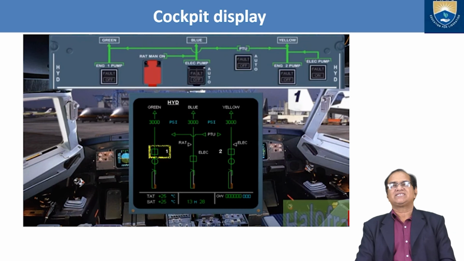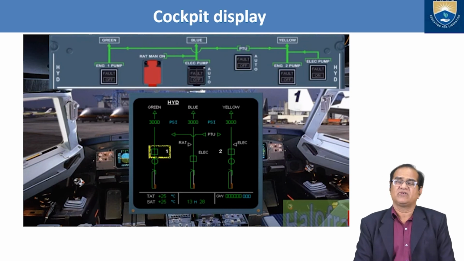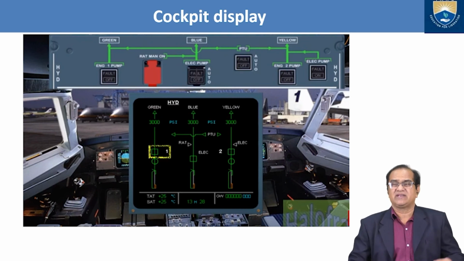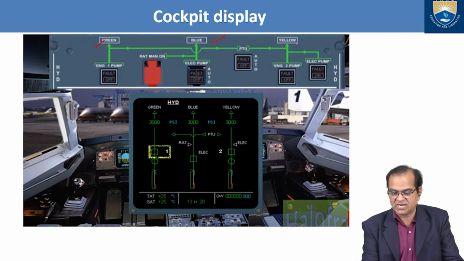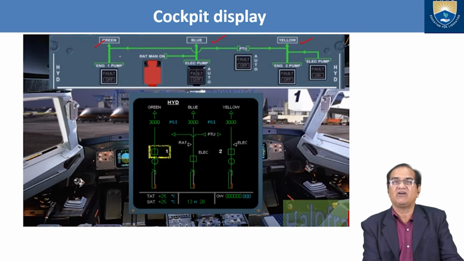Now we can see the cockpit of the Airbus 320, and here you can see the green system, blue, and yellow. It will be displayed on the screen in front of the pilot. And here we have the right main on. If you switch the right on, the blue system will start working. Here are the automated yellow system and the green system.